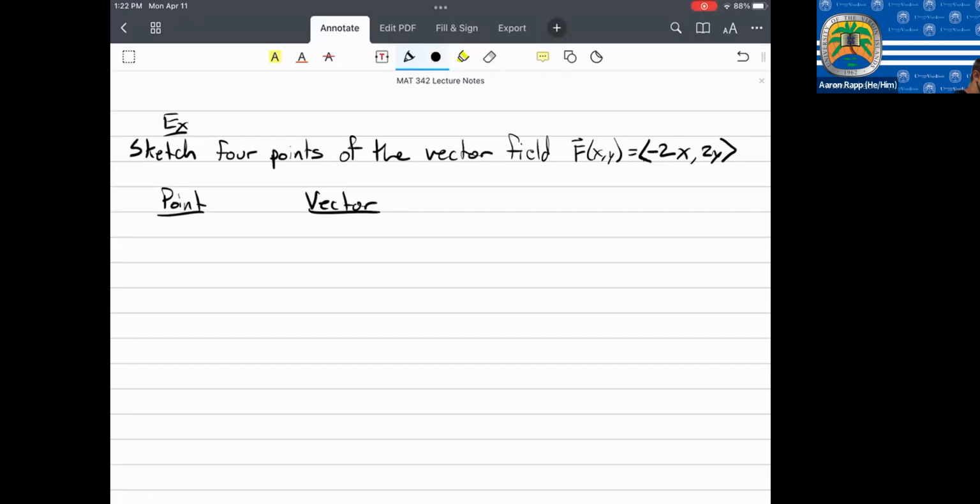1, 2, what else? Negative 1, 1. All right, need 2 more. 2 and negative 1? 2, negative 1, and then let's do negative 1, negative 1.